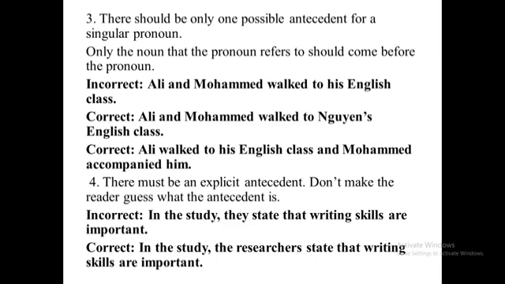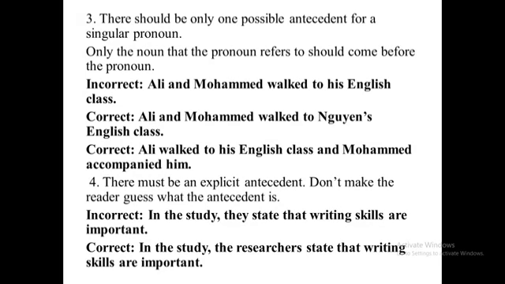Okay. Ali walked to his English class and Muhammad accompanied him. So these are the things that are very clear. In the incorrect one, Ali and Muhammad walked to his English class. So this is not clear, since Ali and Muhammad are two here, but he is using his in the next part of the sentence.